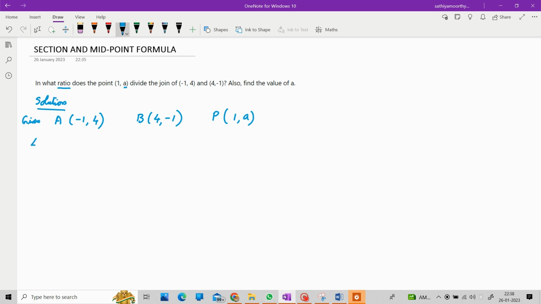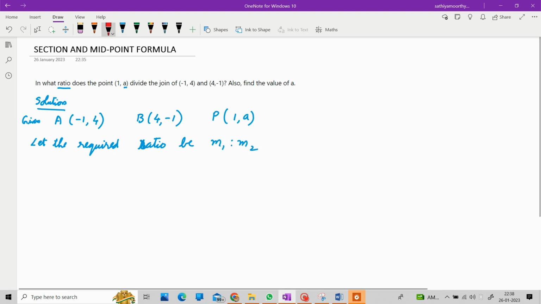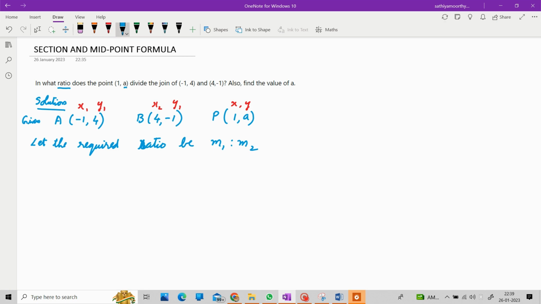Okay, let the required ratio be m1 is to m2. Now here this is my x1, y1, x2, y2, x comma y. Now how to proceed with this is, whichever value I know, with that I should proceed.